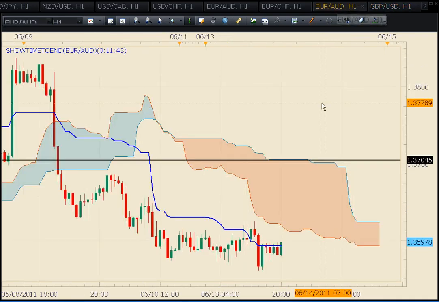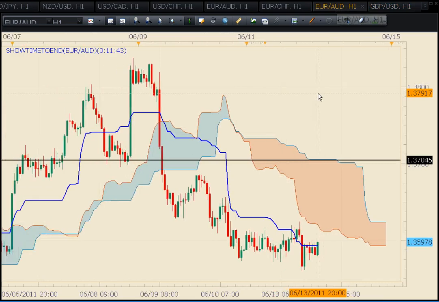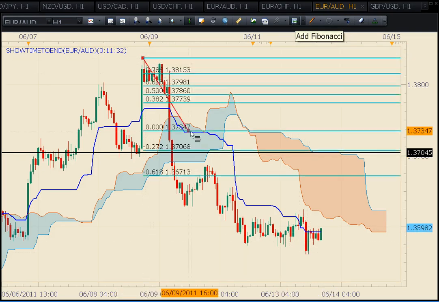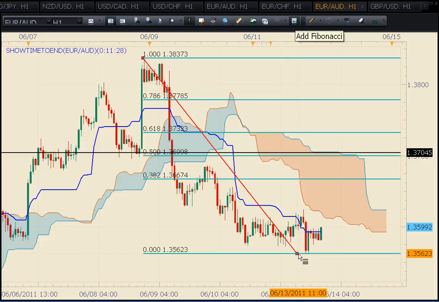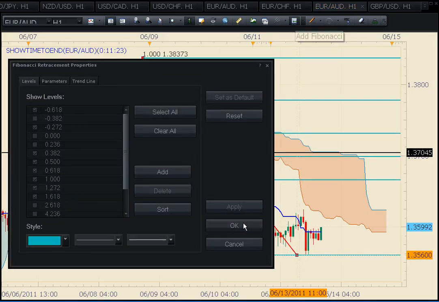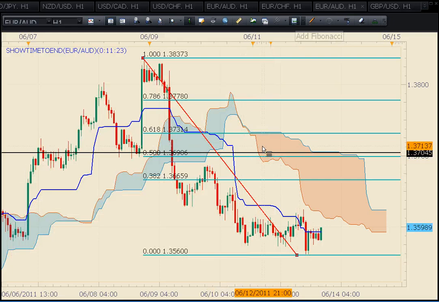Let's go here. Let's look at this move that's in progress right now. Okay, if this is starting to retrace and this is the low, we will go from this swing high to this swing low. And where's that 50% retracement line up? Right there on that Kumo top. Pretty much even with the Kumo top right there.